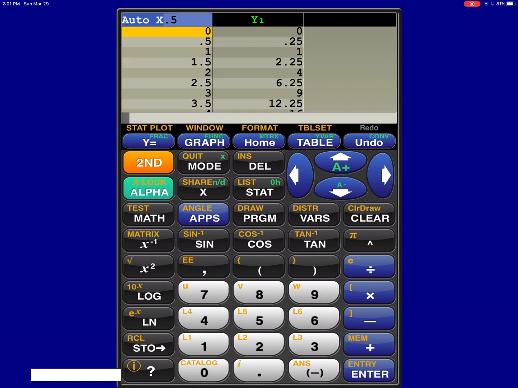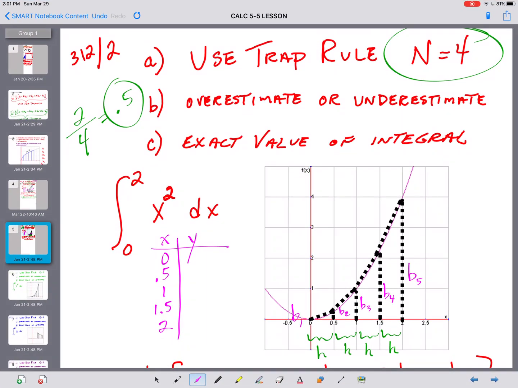Look at those values all the way through 2. 0, then 0.25, 1, 2.25, and 4. I think we could remember those. In green, 0, 0.25, 1, 2.25, and 4. Those are my bases. Those are the 5 bases.